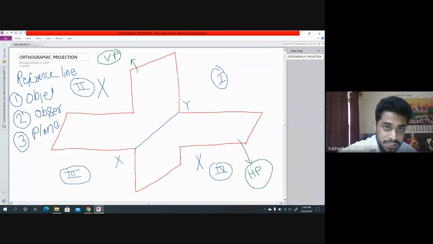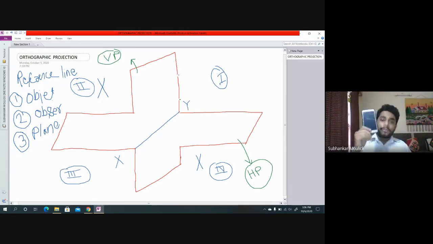What is the object? What is the shape and size of the object? And where is it located? That means whether that object is in the first angle projection method or the third angle projection method. And the third one is the plane of projection. That means according to the observer, the plane of projection will differ.